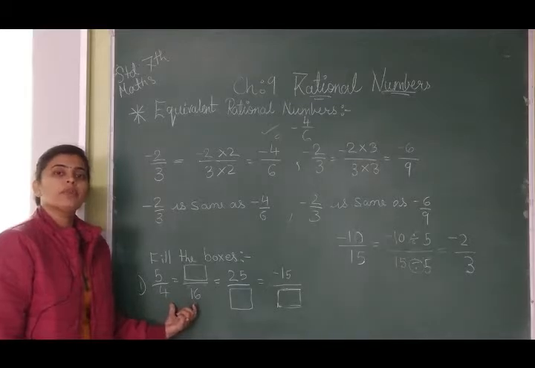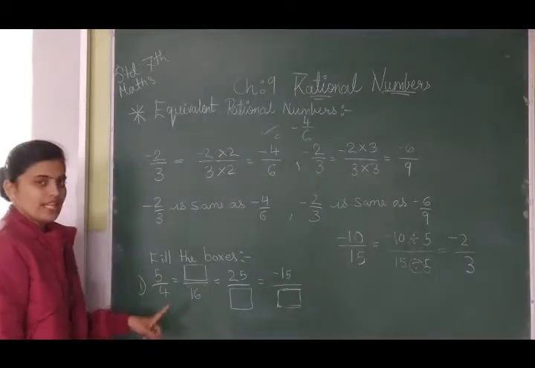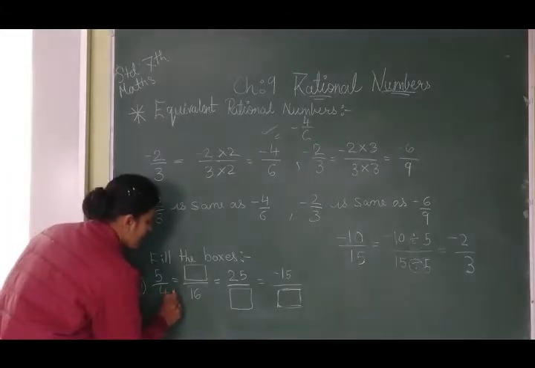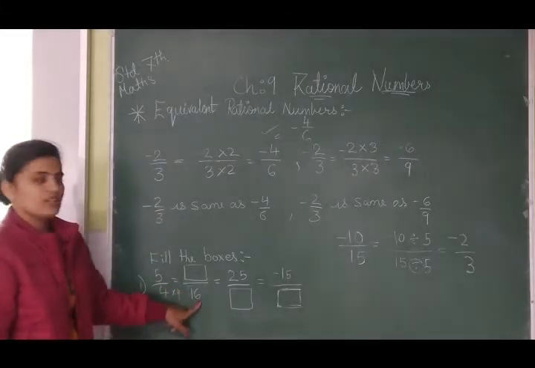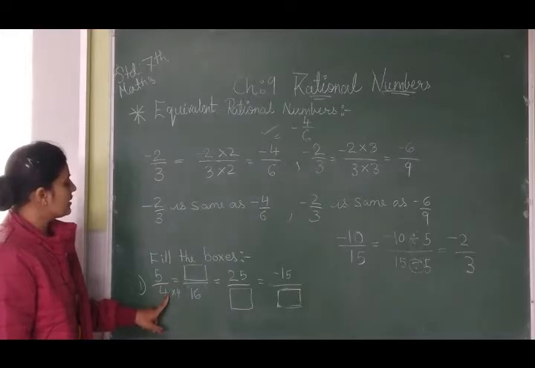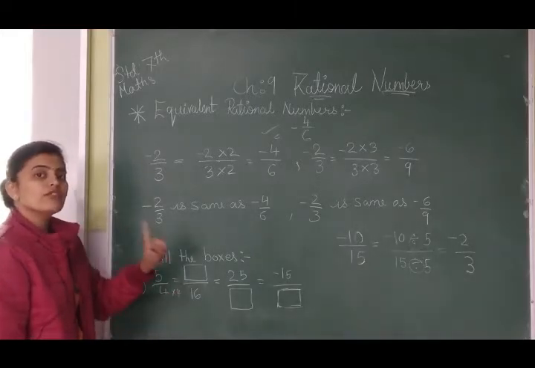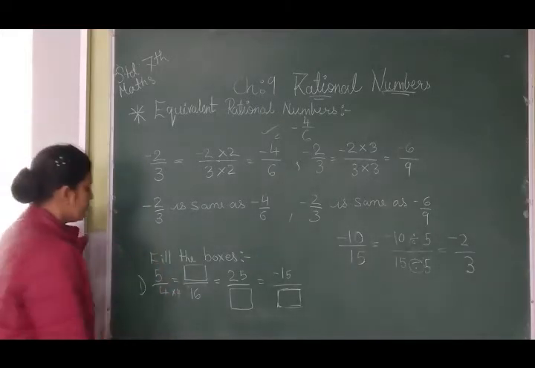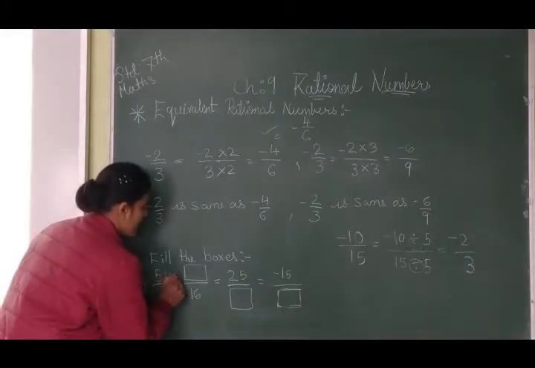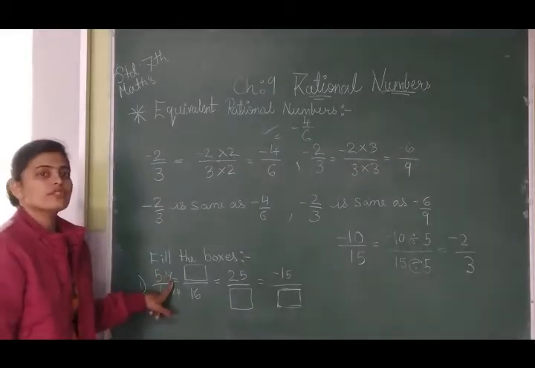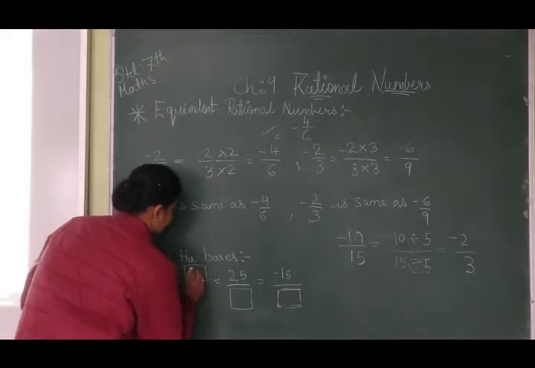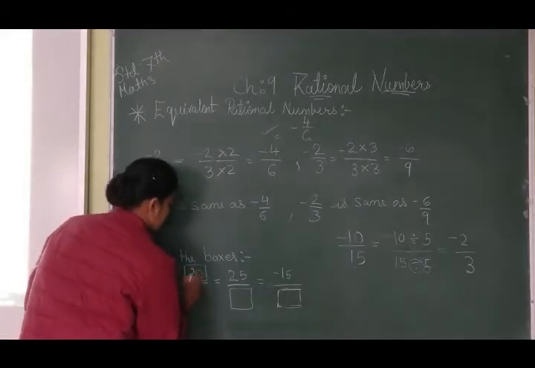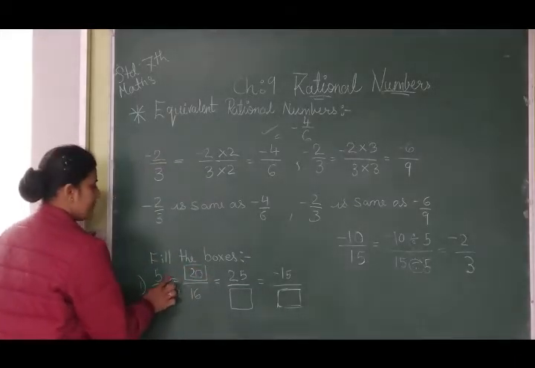With what 4 will we multiply to get 16? With 4 we multiply, then we get 16. 4 multiplied by 4 is equal to 16. So if we have multiplied the denominator by 4, we have to multiply the numerator also by 4. So 5 multiplied by 4. 5 4s are 20. So the first blank is filled up.